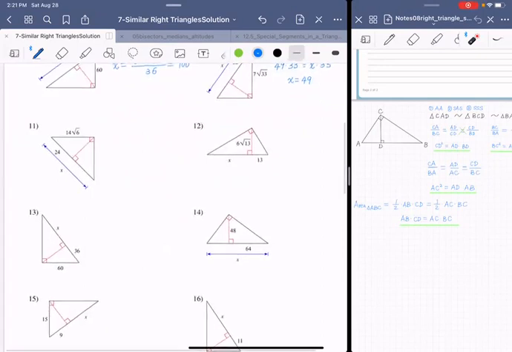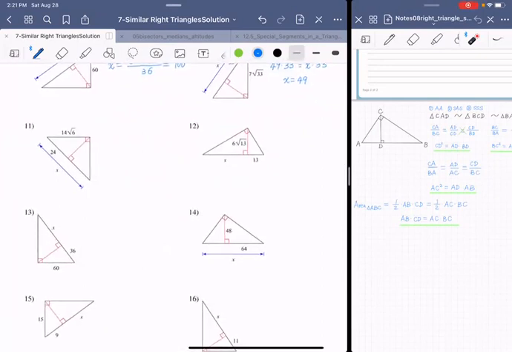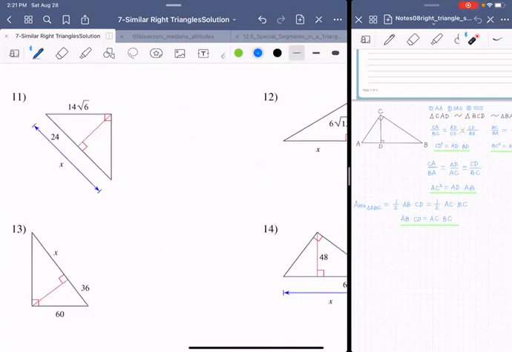Let's see. Person number 11. 14 times square root of 6 squared equals 24 times x.